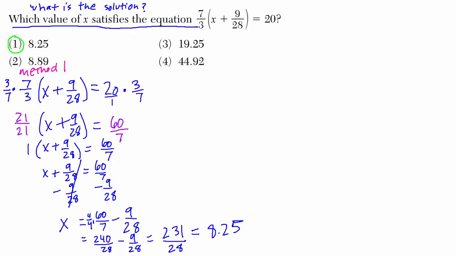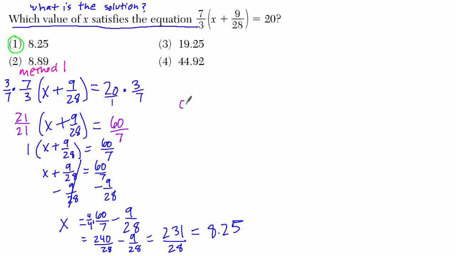But as you may have learned, it's always good to check your answer. If we got 8.25 and we want to make sure that 8.25 satisfies this equation, we can use our good habit of checking by substituting 8.25 in for x and seeing if this side of the equation, when we evaluate it with x as 8.25, is equal to 20.